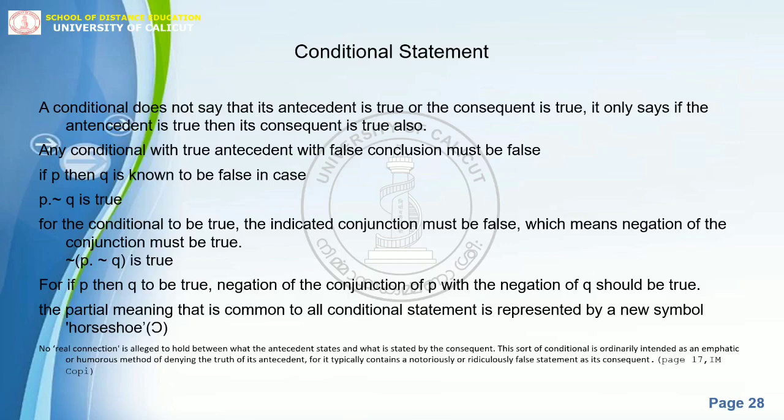For the conditional to be true, the indicated conjunction must be false, which means the negation of the conjunction must be true. We can symbolize it as negation of P conjunction negation Q. For if P then Q to be true, the negation of the conjunction of P with the negation of Q should be true.